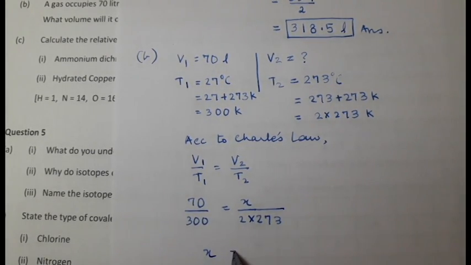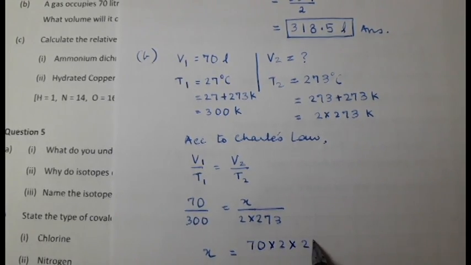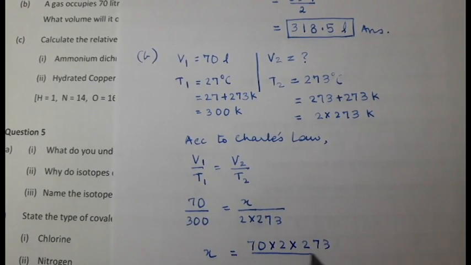So X is going to be equal to, this value will come here, so 70 multiplied by 2 into 273 upon 300.